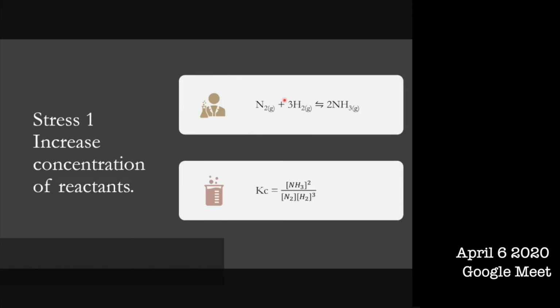When you increase the concentration of the reactants, in this expression you'll find that we have more reactants in the denominator, which means if you calculate a numerical value for Kc, that's going to be altered. So naturally, if you add more reactants to a reaction system, what do you think will happen? It'll form more products.